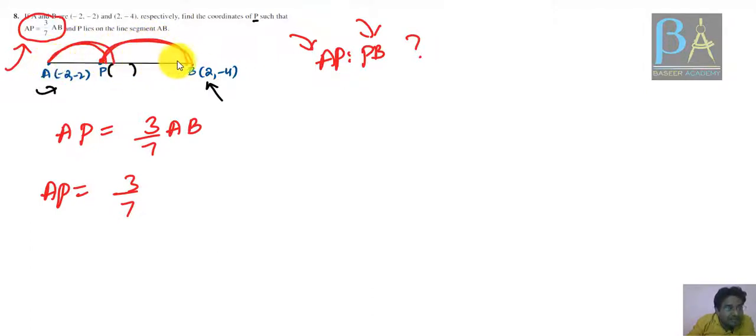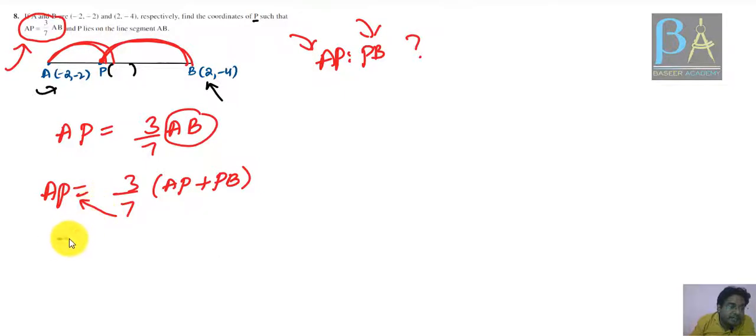The complete line segment AB is divided into two parts, AP and PB. So AP plus PB should give me AB. So I'm going to replace AB with AP plus PB. Now 7 is dividing on the right hand side, so 7 will multiply on the left hand side, and then I end up getting 3 into (AP plus PB) on the right hand side.